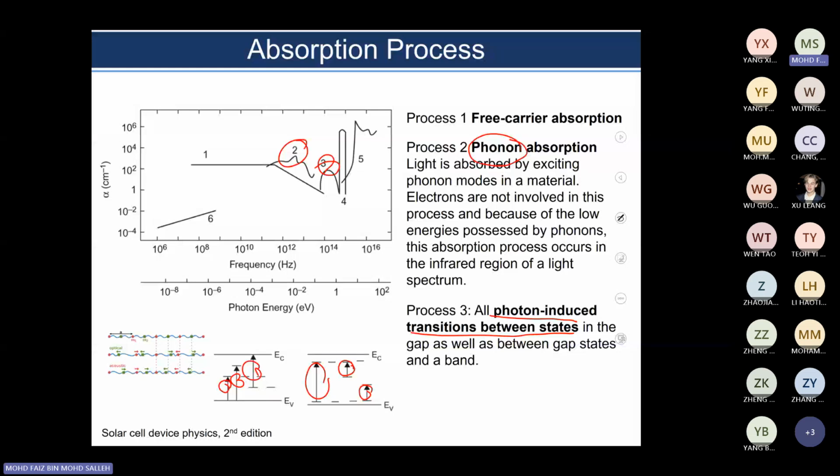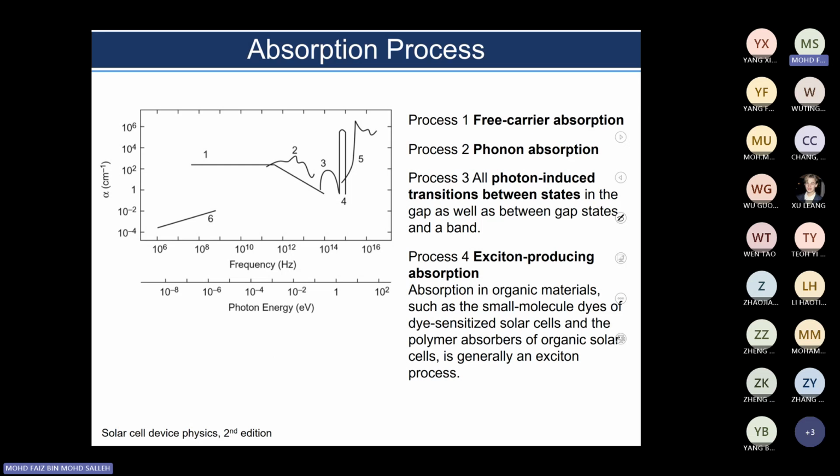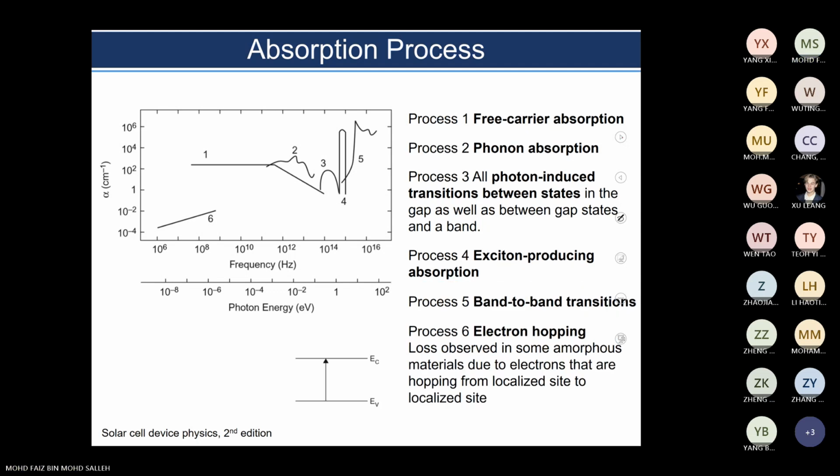Number 4, exciton-producing absorption. This one is usually in organic material. It's between molecules, becoming ions, for example. Because we will not discuss organic material, we skip. Number 5, band-to-band transition.